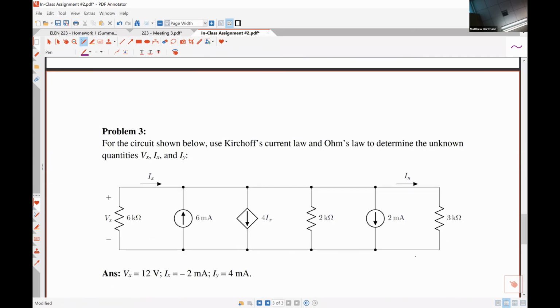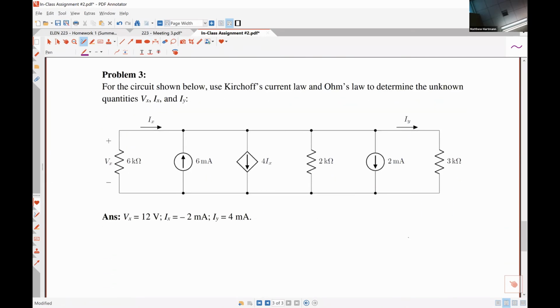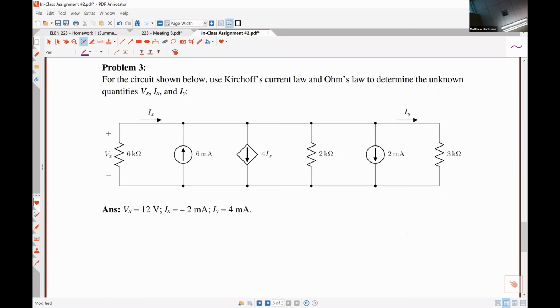This is another one that tends to give students an issue, so I'm probably going to have to do a little bit of explaining. The first thing that I want to point out is that this is a single node pair circuit.